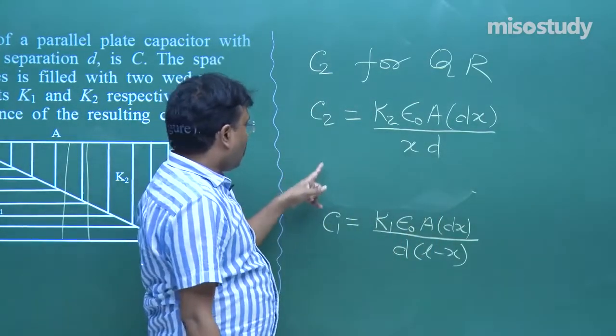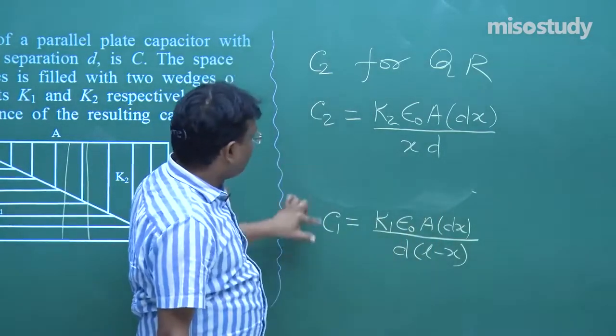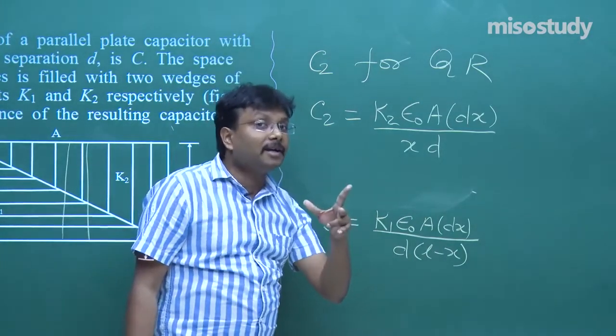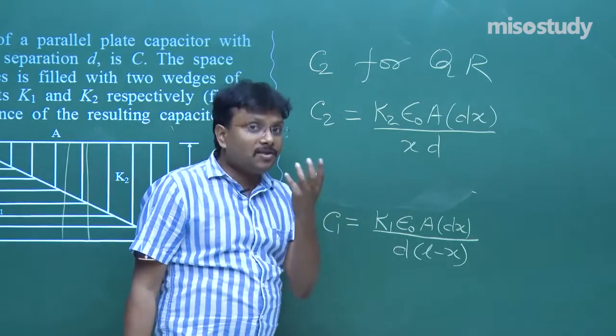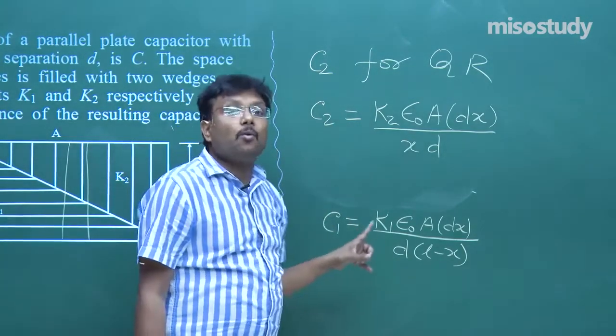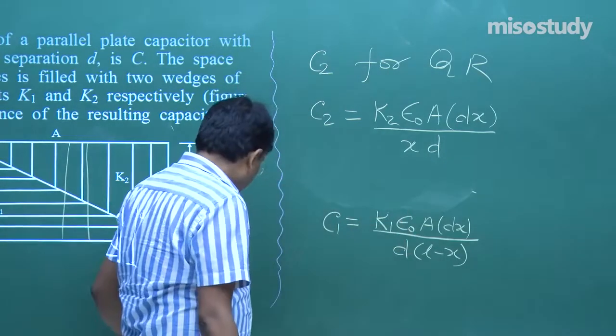Now, as I mentioned over here, C1 and C2 are connected in series. Series means the net capacitance is given by 1 upon C net is equal to 1 upon C1 plus 1 upon C2.